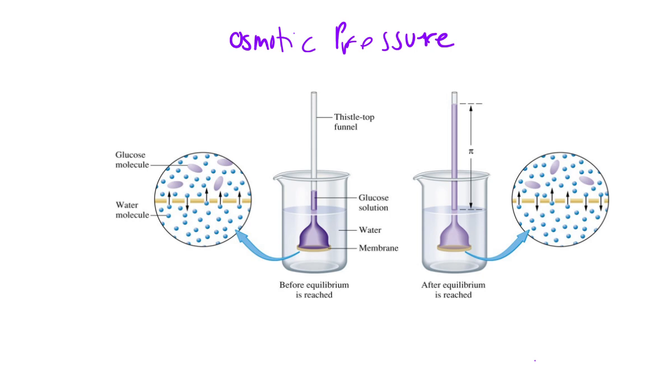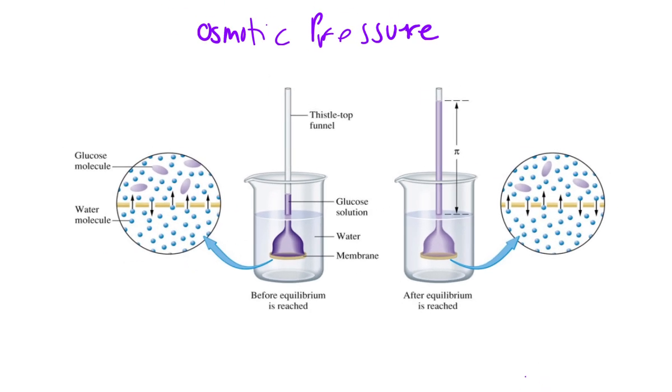Okay, so let's take a look at what's happening in this figure. We have a funnel that's essentially inverted and put into a beaker that contains water. Inside that funnel, we have a solution that contains glucose and water.